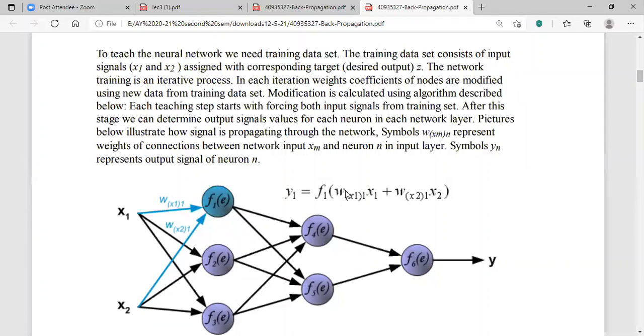After each stage, we need to determine the output signal values for each neuron in each network layer.